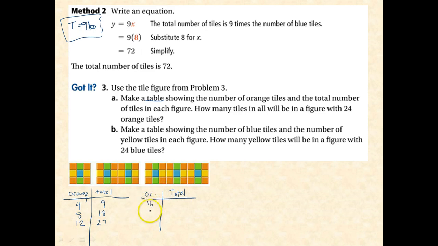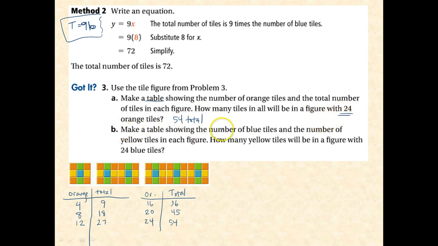And then 4 more than that would be 20. And then 4 more than that would be 24. So 9 more than 27 would be 36. Plus 9 more would be 45. Plus 9 more would be 54. So there would be 54 total tiles in a figure that has 24 orange tiles.